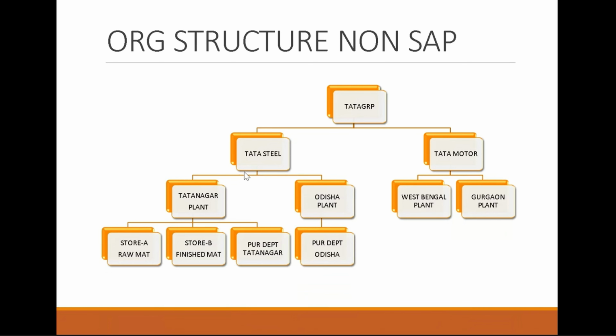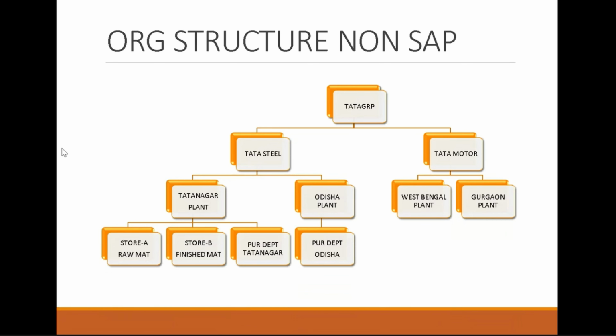So basically this is how the organization structure will look, how we are going to use it, meaning from the purchasing department what organization structures are there. What is the difference between the MM organization structure and the SAP organization structure, that we will see in a bit. So basically this will be the non-SAP organization structure, for example if Tata Motors or Tata Steel are not using SAP as their system.